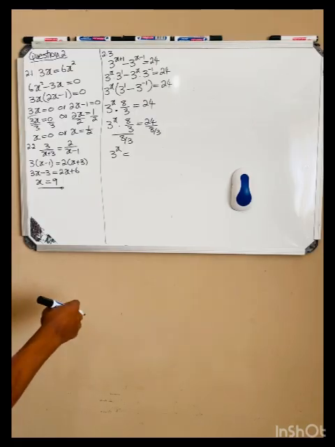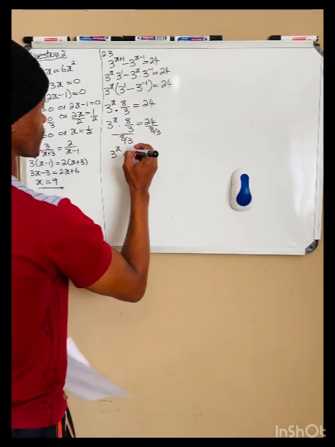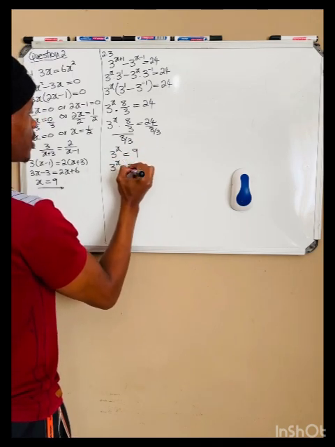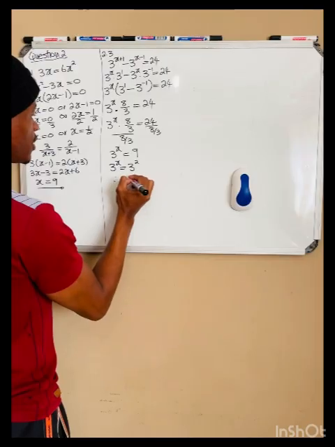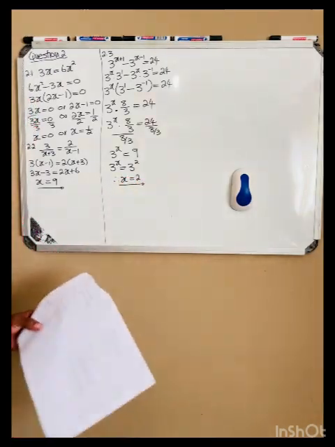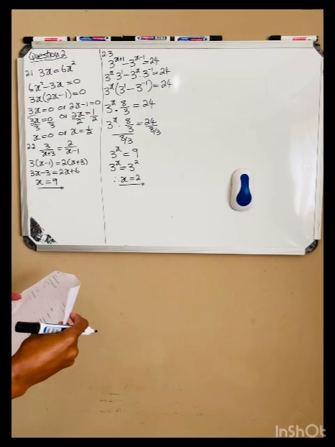That's 9. Then 3 to the power x equals 9, and 9 can be written as 3 squared. Therefore, same bases, you drop the base, x equals 2. I hope it's clear. It was 4 marks.